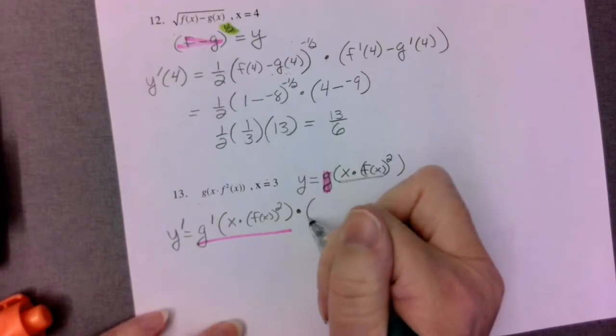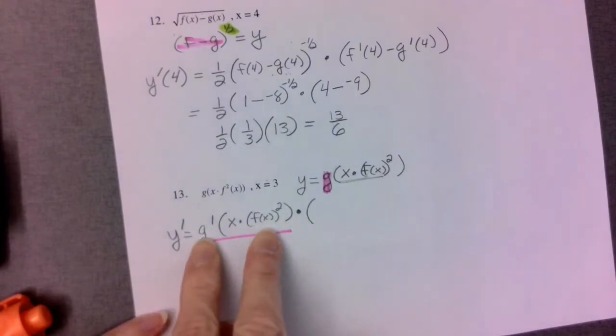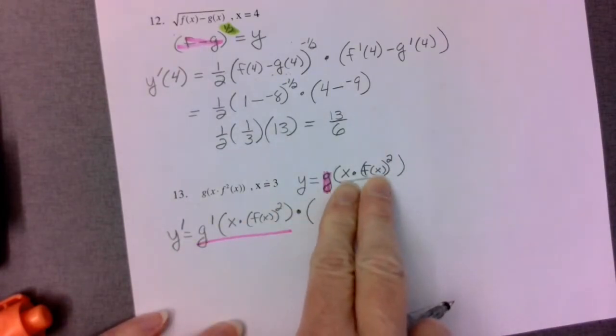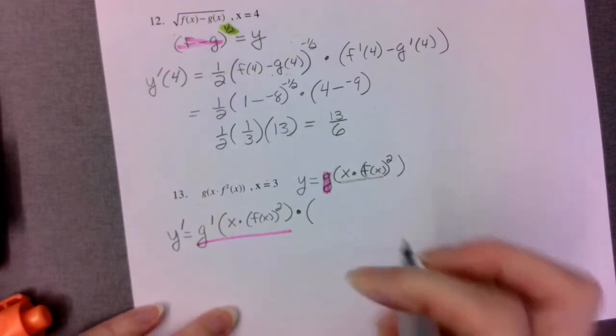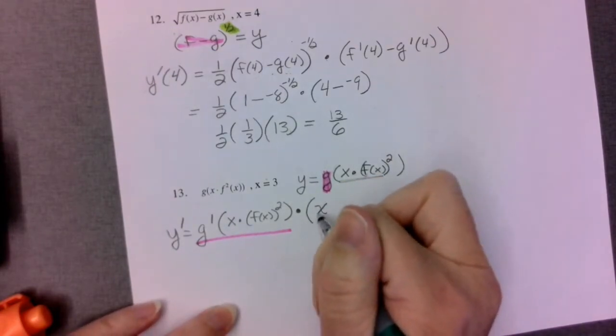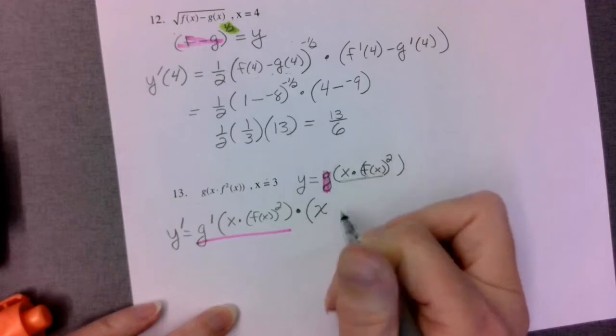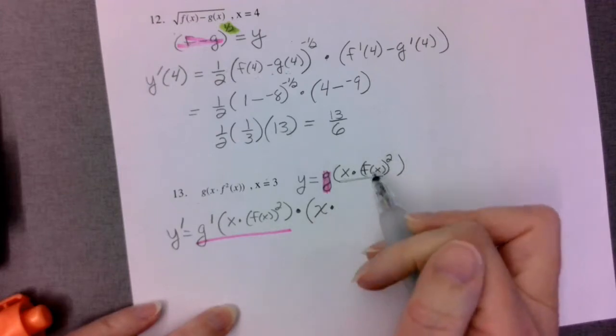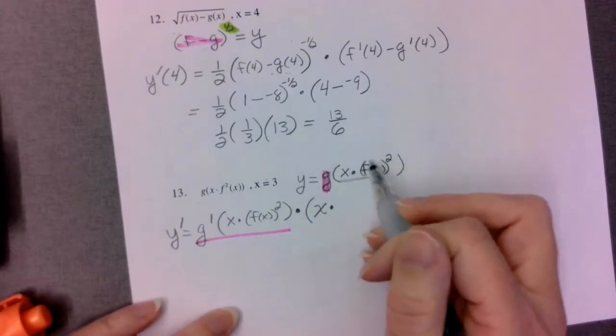So I need a grouping symbol because this is being multiplied by the entire product. So we start with a grouping symbol and say x, this one stays the same, times this is the chain rule.